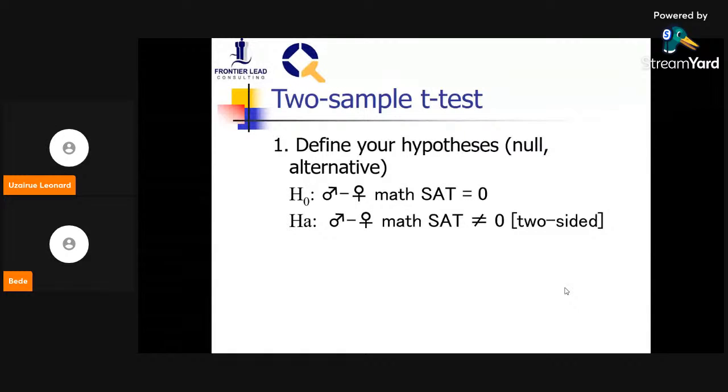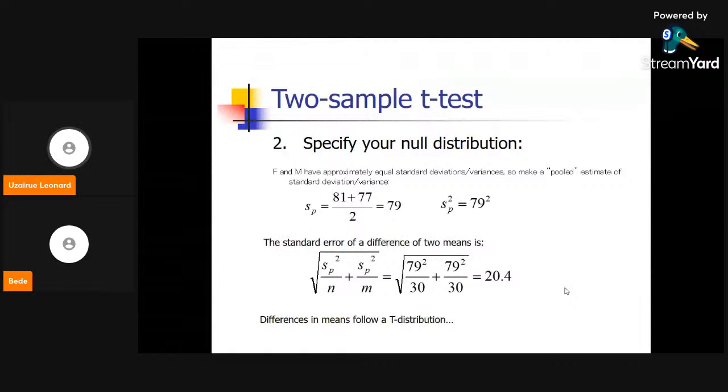Now, you specify your null distribution. This is the manual method of calculating your t-test. You check for the standard deviation, you check for the standard error of the two means. Then once you have that, you come and check.